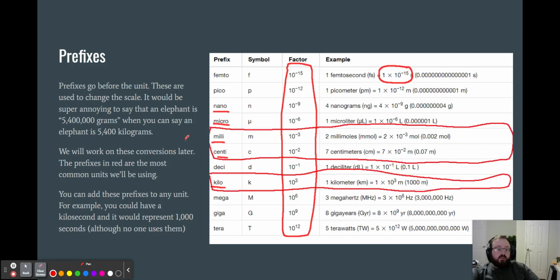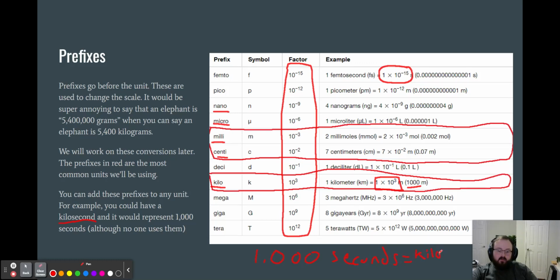And how you use these, you add them to any unit. So take a unit, let's say second. I take a second, that's our unit. By adding kilo in front of it as our prefix, that represents 1 times 10 to the 3 seconds, which would be 1,000 seconds. 1,000 seconds is 1 kilosecond.